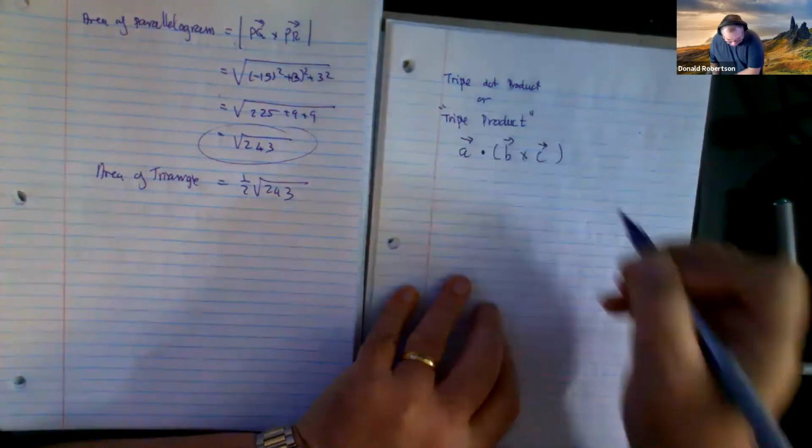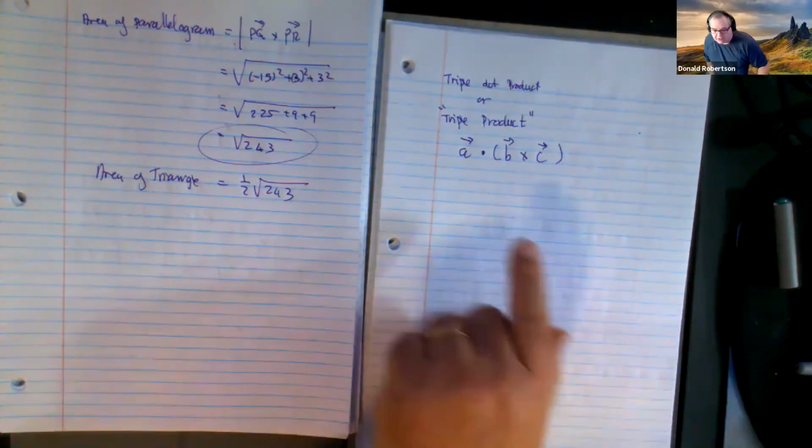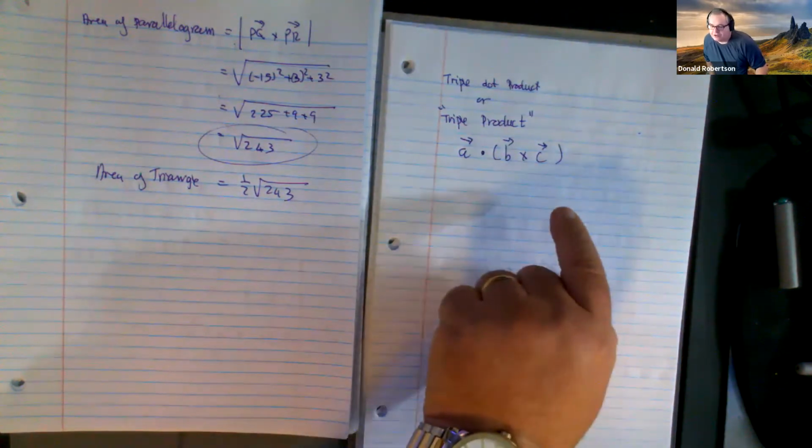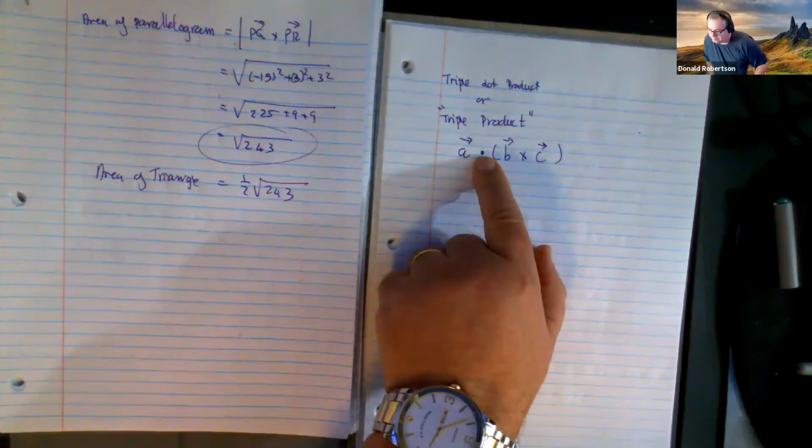So the triple dot product is a combination of a dot product and a cross product, right? It's got both happening. Now, we already did the A cross B cross C version. Do you see how this is a little bit different, right? It's a dot product of B cross C, right? And we can certainly calculate that.